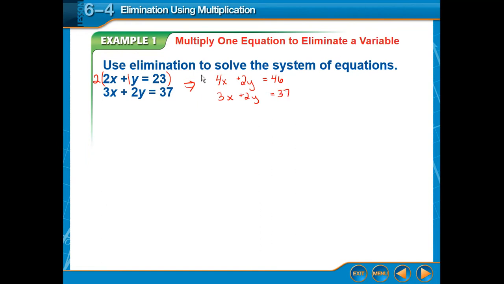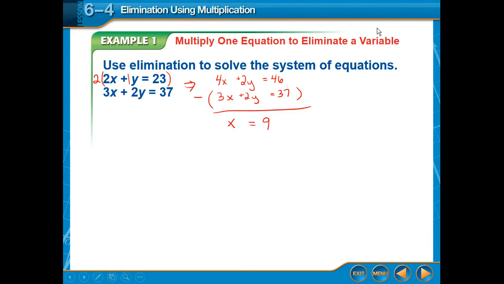Now if I want to get rid of my y's, because now they both have 2, I'm going to subtract so that they cancel. So I'm going to do 4x minus 3x, and I get x. 2y minus 2y is 0, and 46 minus 37 is 9. So I got x is 9.